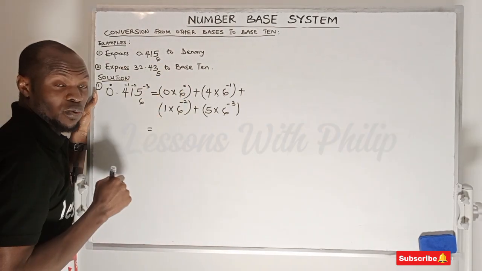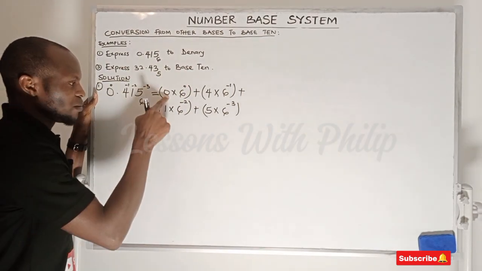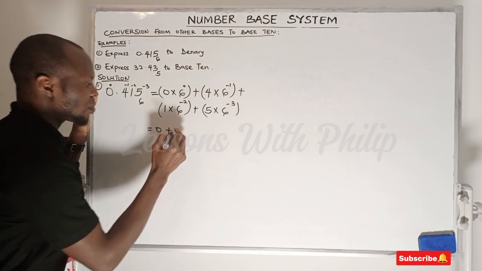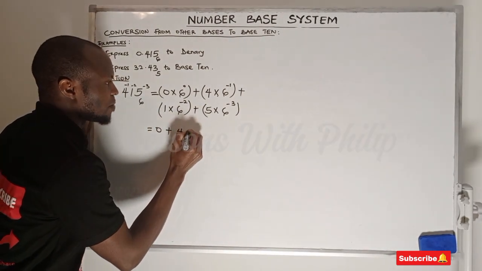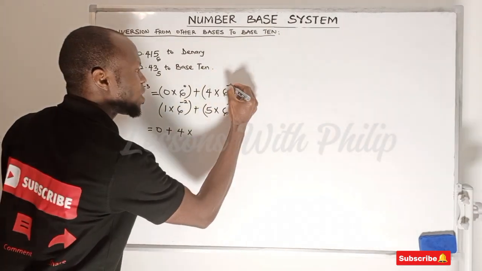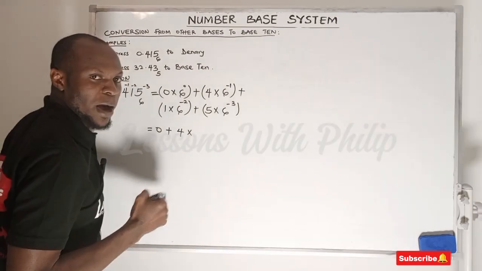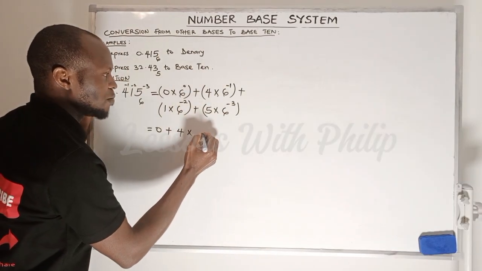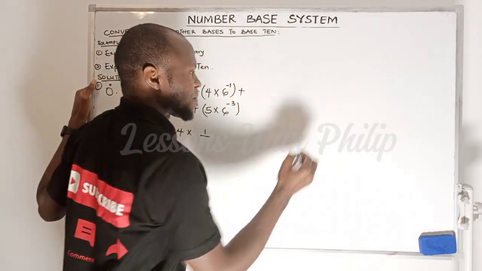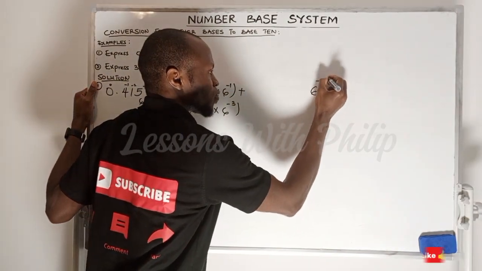Now the next thing is to open the bracket. 6 raised to power 0 is what? Is 1. 1 times 0 is 0. Plus 4 times. Don't forget in mathematics, I've told us in indices that when we have minus as power, when you remove the minus, it becomes 1 over. Let me explain. 6 raised to power minus 1.